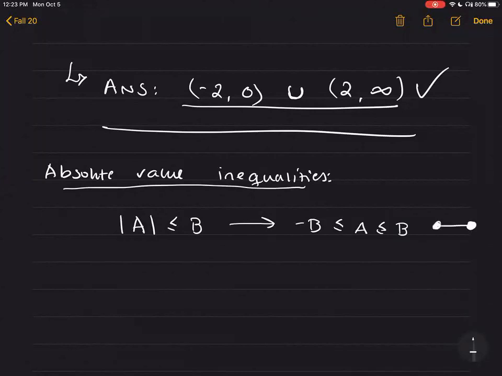And then if you have the other way around, so if you have greater than or equal to B, then you're going to get a solution set like B is less than or equal to A, or B is less than or equal to -A. And so what that will look like is this, on the real number line, right?